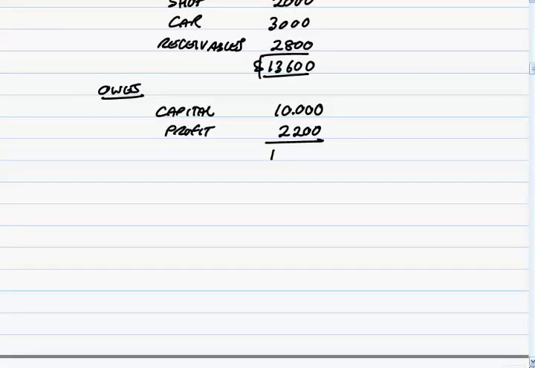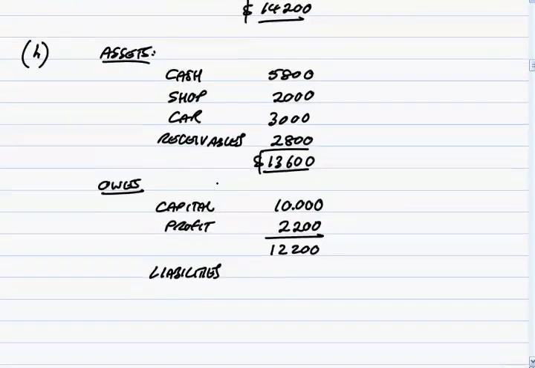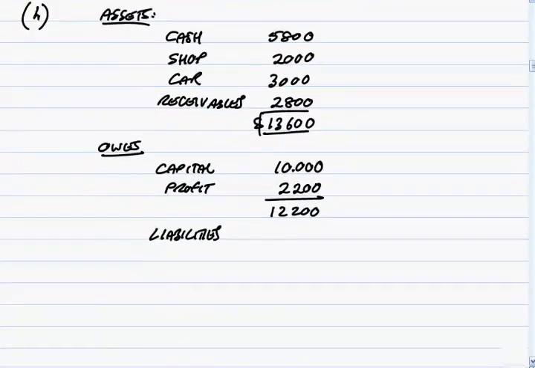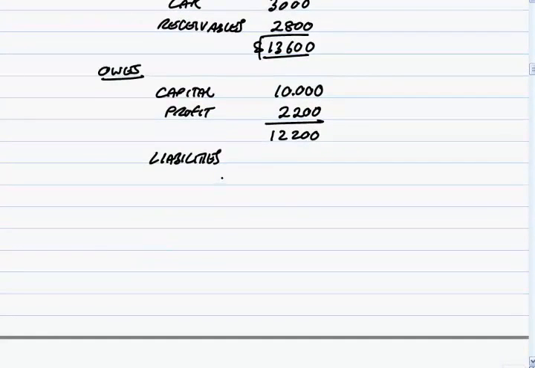So the profit's the same and the owner's owed 12,200. But the liabilities, we were owing a total of 2,000. We've now paid 600, and so we're only owing the difference of 1,400. And of course it balances beautifully.